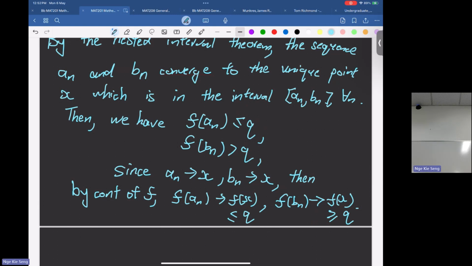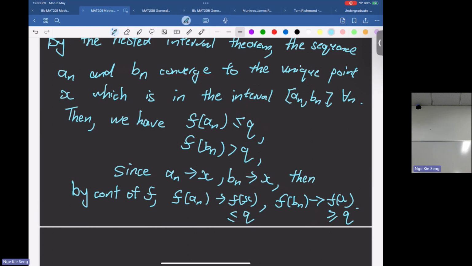So if you like, you can prove a lemma. If f(a_n) is less than or equal to q and it converges, that limit must be less than or equal to q. And if f(b_n) is greater than q, the limit must be greater or equal to q. You can prove this lemma. If both are to be true, they must be equal to q.